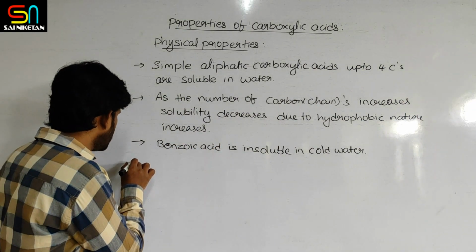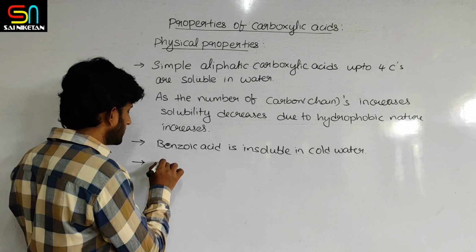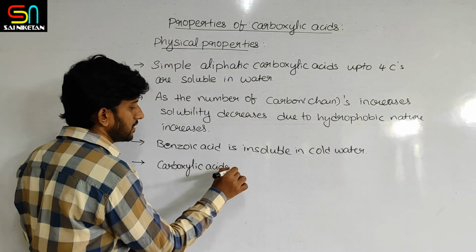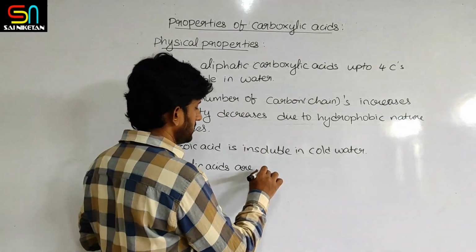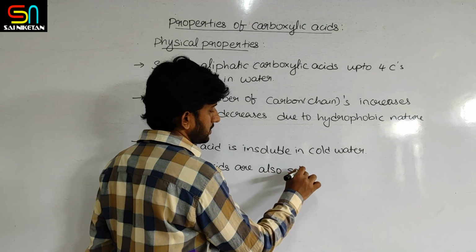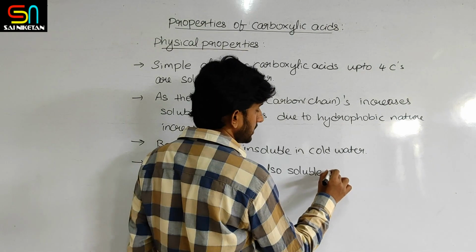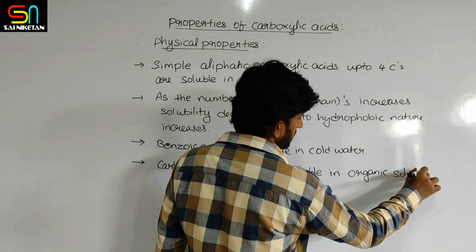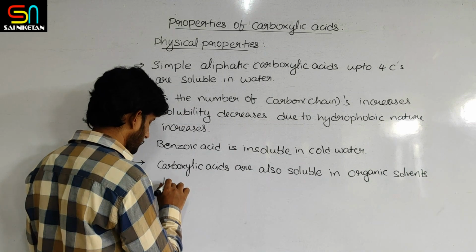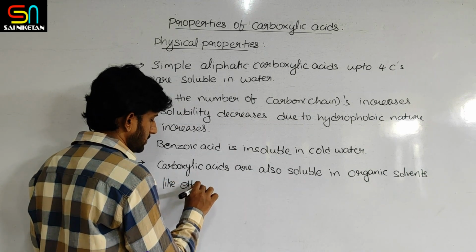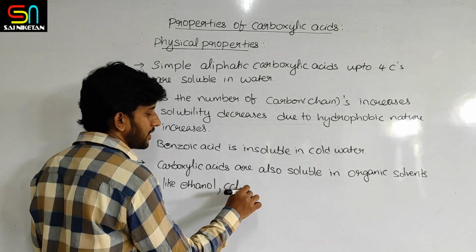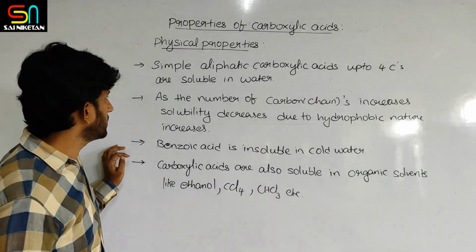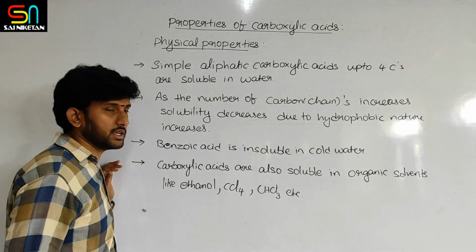Also, higher carboxylic acids are soluble in organic solvents like ethanol, CCl4, or chloroform, etc. So this is about the physical characters of carboxylic acids.